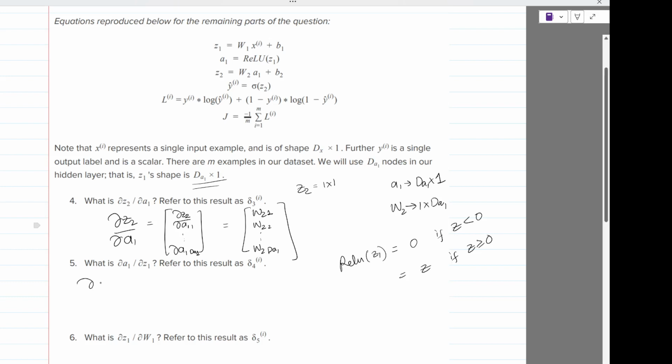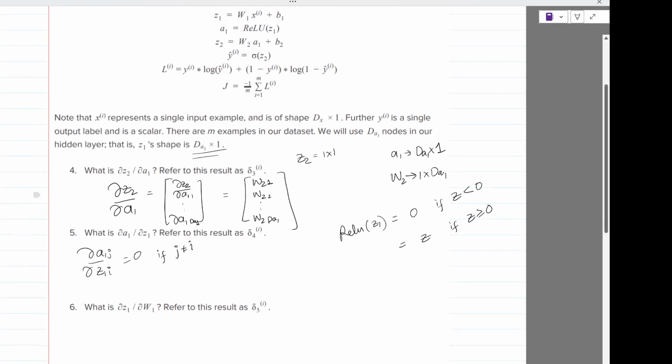So if I were to compute the partial derivative of its jth entry with some ith entry where j and i are not equal, then that entry will be 0, if j not equal to i, because a1 j is just a function of ReLU of z1 j. z1 i is not a part of it.